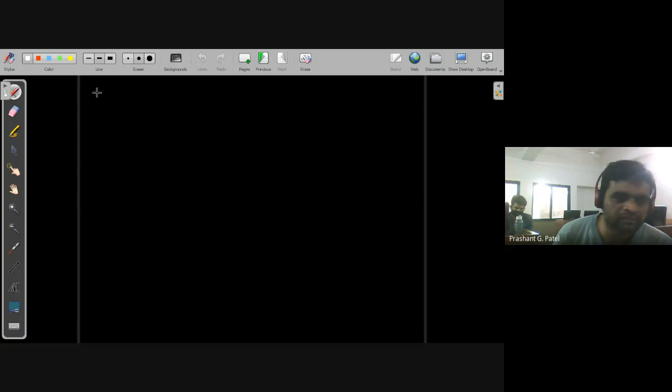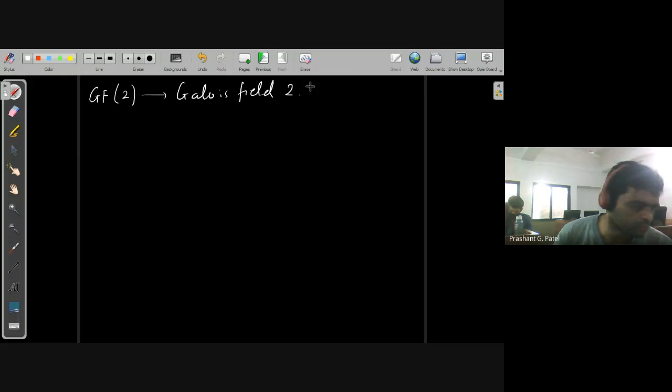And this modulo 2 is actually denoted as Galois field of 2. This is what a Galois field is, Galois modulo 2.